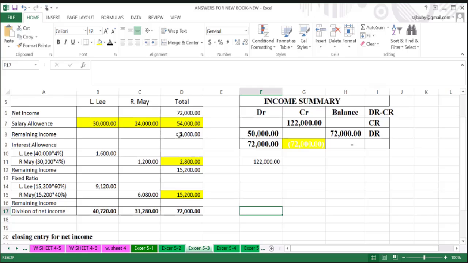After that, the balance is 18,000. 72 minus 54,000 is 18,000. From 18,000, after they pay the interest, the balance is going to be 15,200. Just the rest of what we have from the initial 72,000. We divide only the rest that we have in the end.